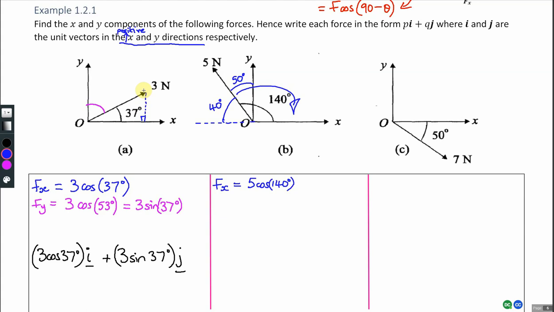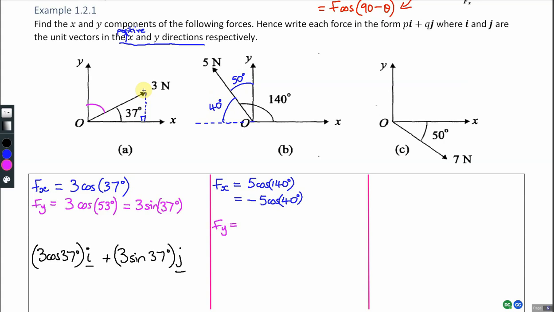So there's one way of doing it. Or we could turn it through these 40 degrees here, but then it would be pointing in the negative x direction. So we could also have negative 5 cos 40. That would also be correct. So just to reiterate, both of these are correct. They're both the same value.